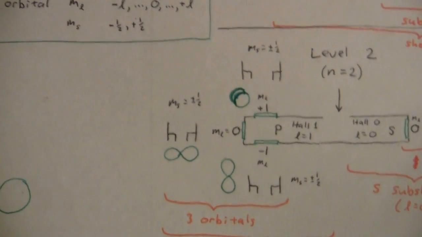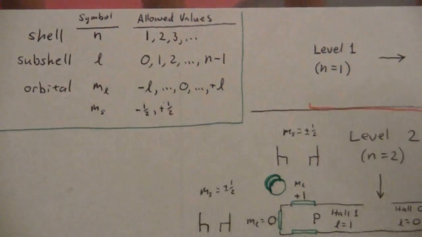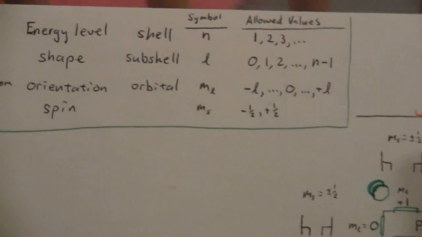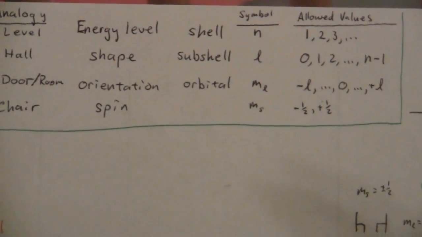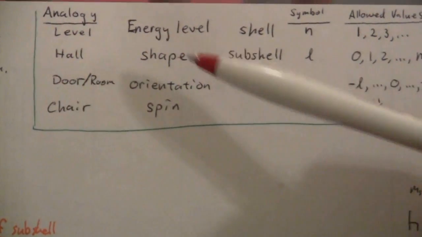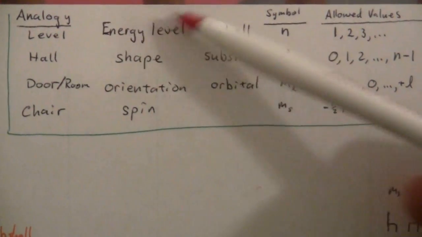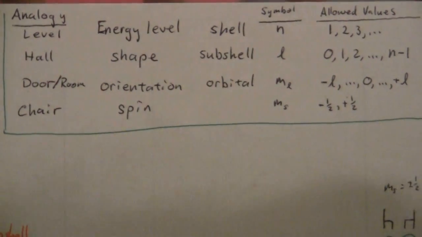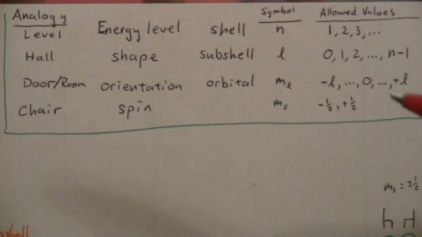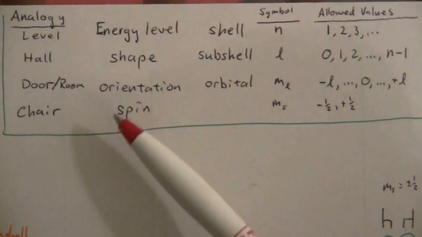All right, hopefully this will help to remember these restrictions and put it maybe in more understandable or visual terms. Okay, but just remember, N determines the energy level, L tells us about the shape, whether it's spherical or that dumbbell shape with the 2 lobes or 4 lobes or 8 lobes.